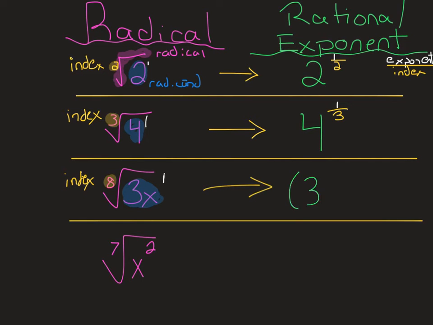So my entire radicand is 3x. So I'm going to put it in parentheses so I know the entire thing is coming over. The exponent on that entire thing was 1. So my numerator of the rational exponent is 1. My index for that entire thing was 8. So it's going to be over 8. So we write this as the quantity of 3x to the 1/8 power.